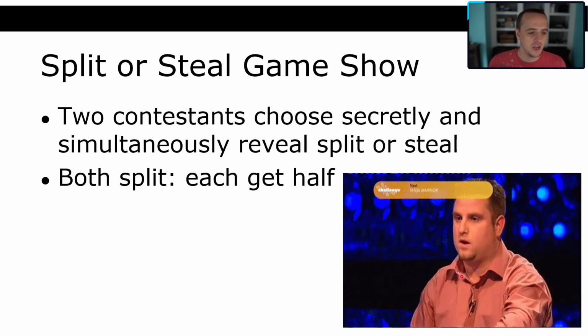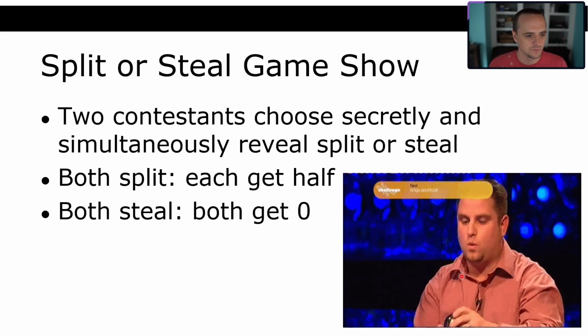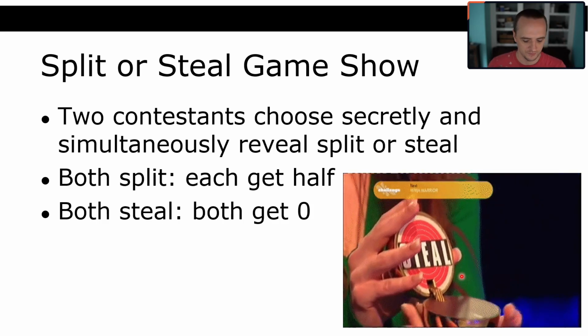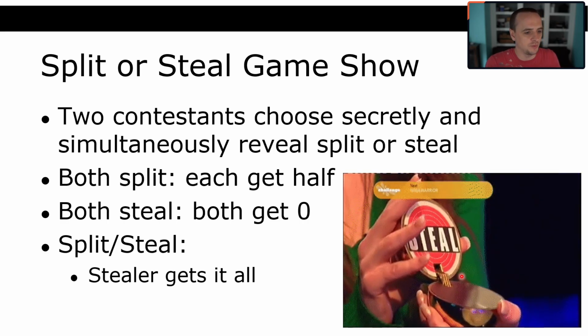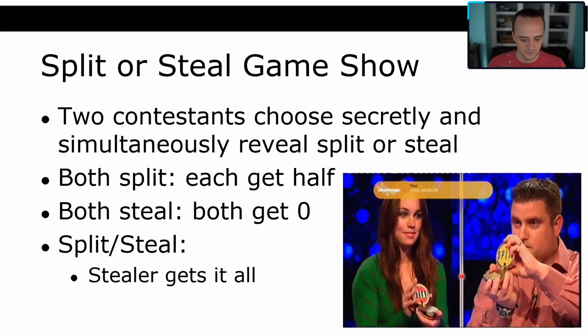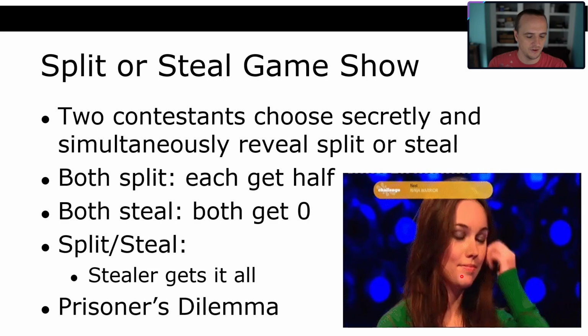So if they both choose split, they each get half the money. If they both choose steal, they both get nothing. If one chooses to split and the other chooses to steal, then the stealer gets it all. So this is a case of the prisoner's dilemma, right?